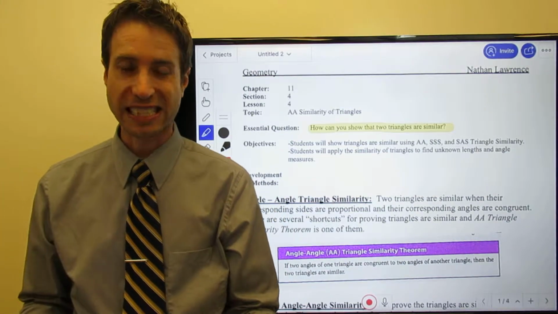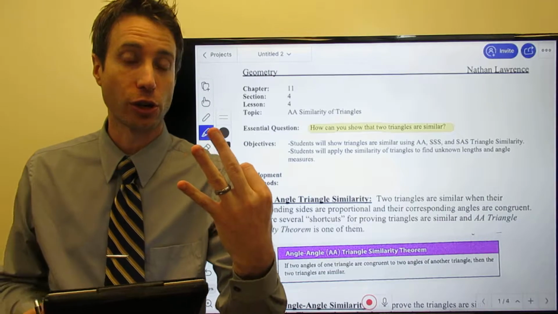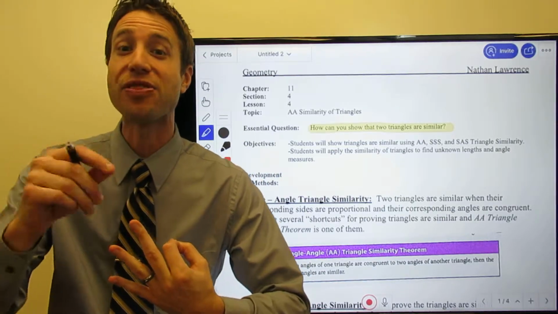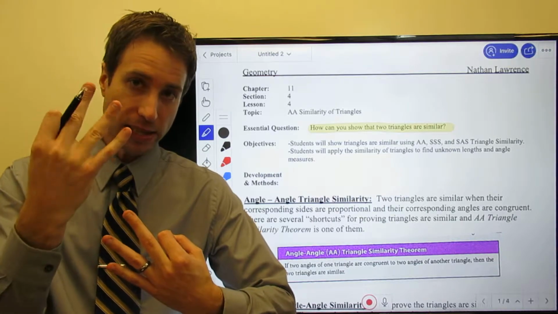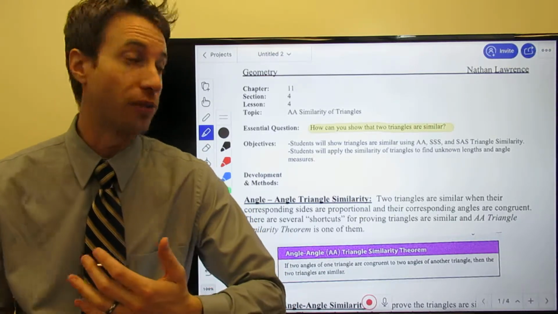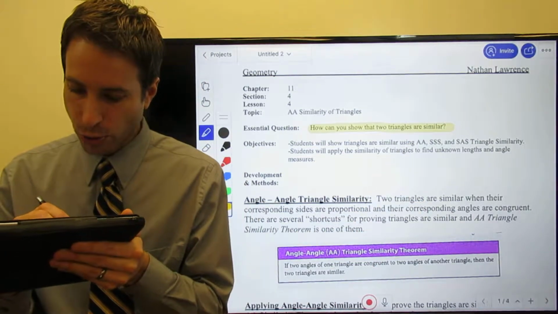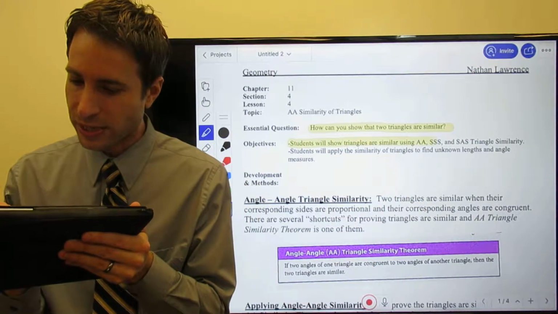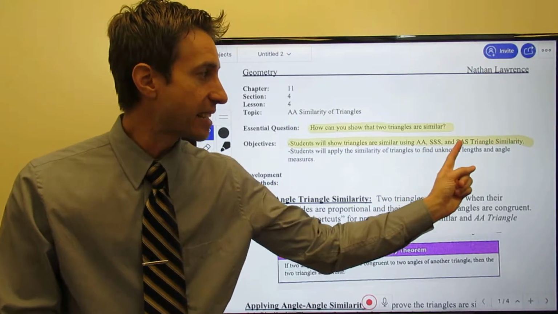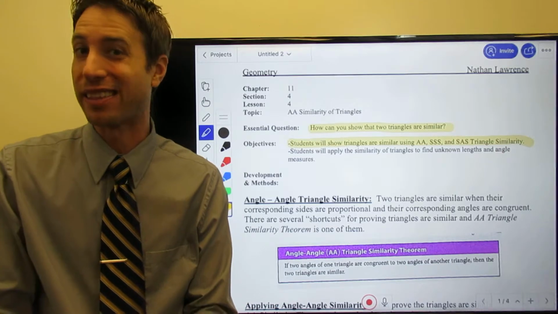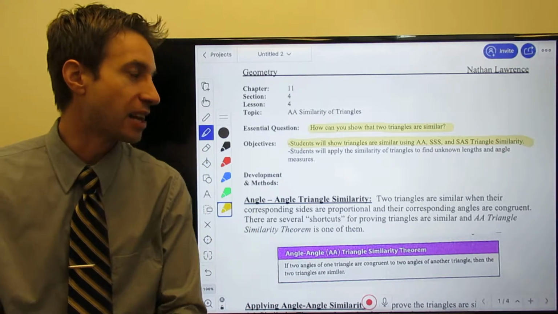Instead of having to prove that 3 corresponding angles are congruent and showing that the ratios of the lengths of the corresponding sides for all 3 sides are the same, we've got some shortcuts, and here they are. Students will show that triangles are similar using the AA, the SSS, and the SAS triangle similarity theorems. We'll talk about what each one is and get some practice with each of those.